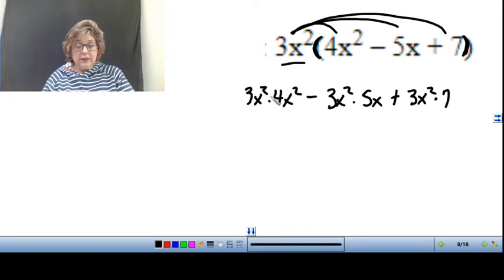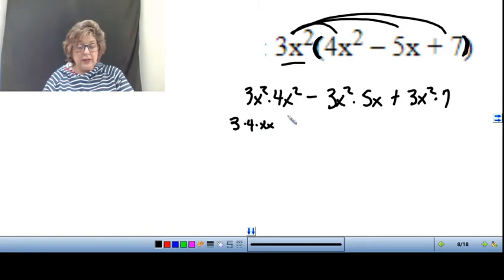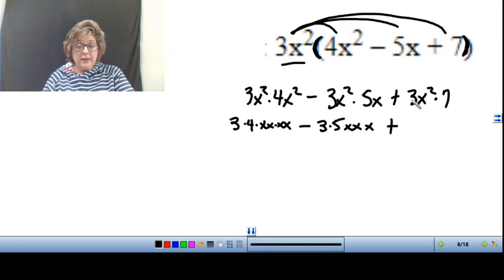Now, if you look at this, this is going to be 3 times 4 times, and I have 2 x's here, and I have 2 x's here, minus 3 times 5, I have 2 x's, and I have 1 x there, so those are all being multiplied, plus 3 times 7, and I have the 2 x's.